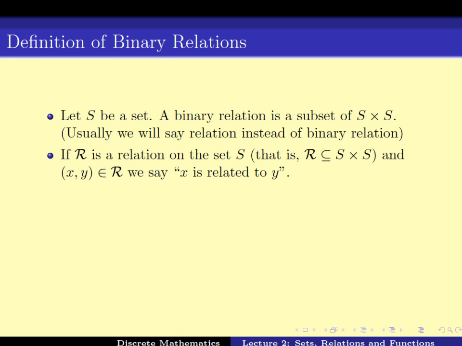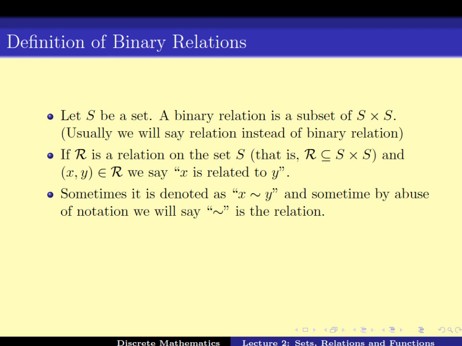So if R is a relation on the set S, that means R is a subset of S Cartesian product S, and if the ordered pair x comma y is in this R, we say x is related to y. Sometimes we denote the relation with a tilde notation, used to say that x is related to y.